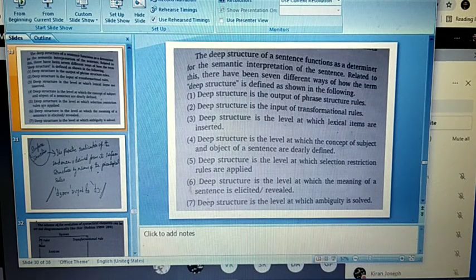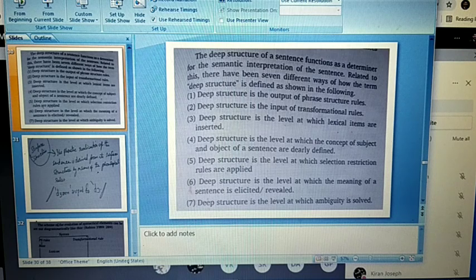Deep structure is the output of phrase structure rules. Phrase structure rule, you know, John opened the door: sentence, noun phrase, verb phrase. So you are indicating that and you get the deep structure.